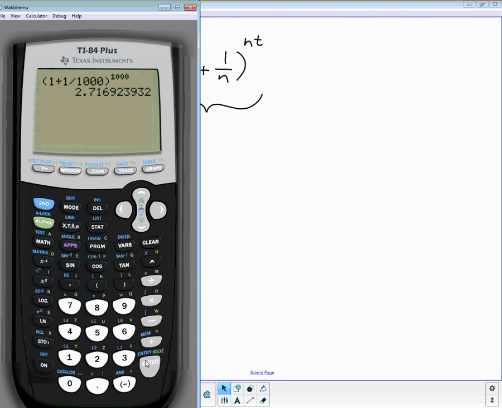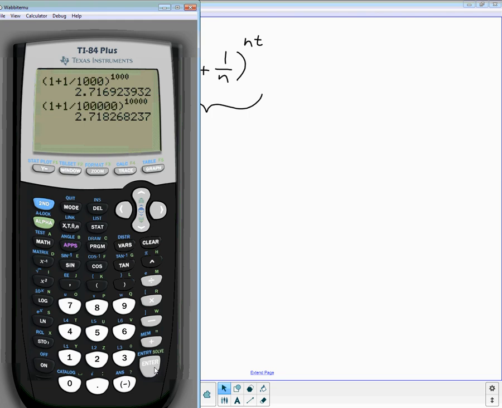If I do it for even bigger, 100,000 times a year. It didn't change very much, did it? It went from 2.717 to 2.718. It didn't change a lot. Even by doing it 100 times more often, it still didn't change it very much.